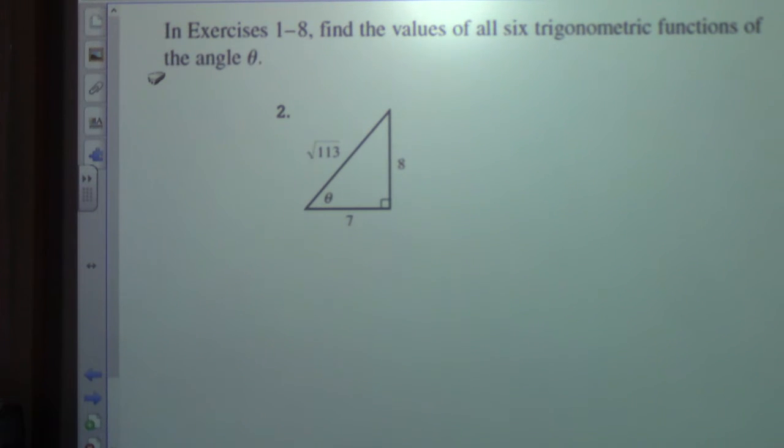Oh, I wrote the there. Cot theta? Exactly.